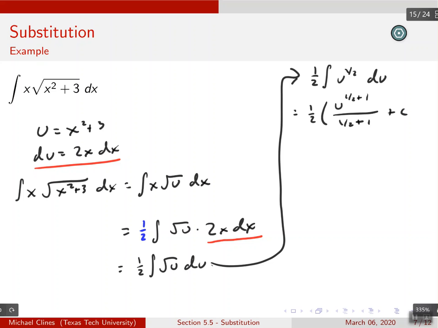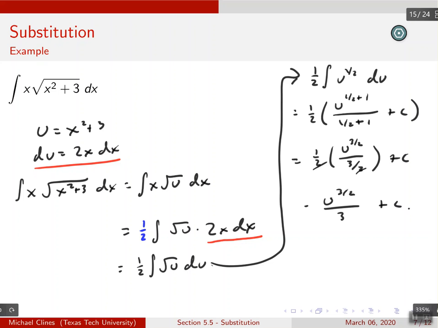Tack on our integrating constant, which is equal to 1/2 times u to the 3 halves over 3 halves plus c. And then from here, what do we get? Well, that 2 and that 2 are going to cancel, and that's equal to u to the 3 halves over 3 plus c.